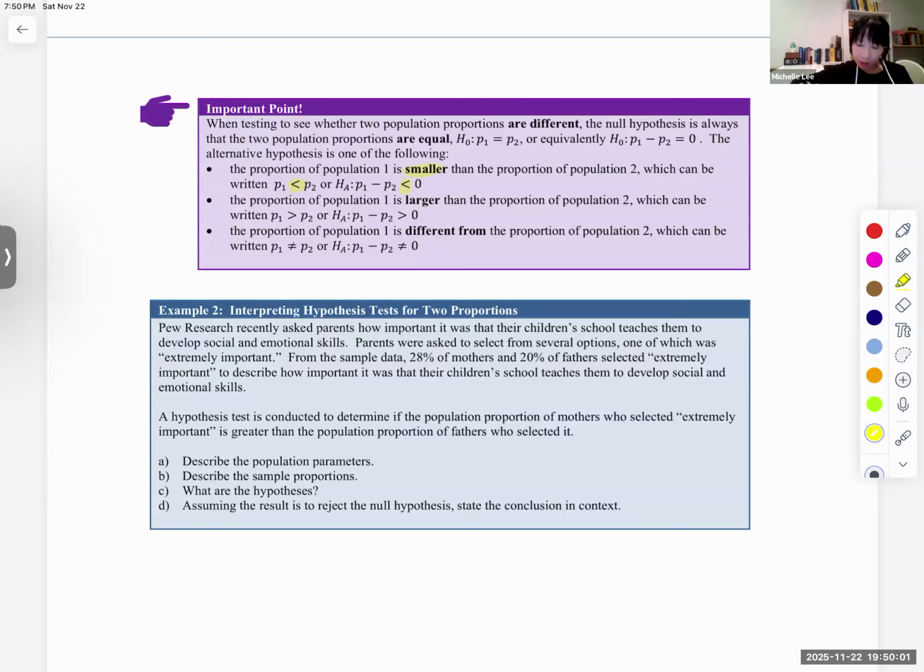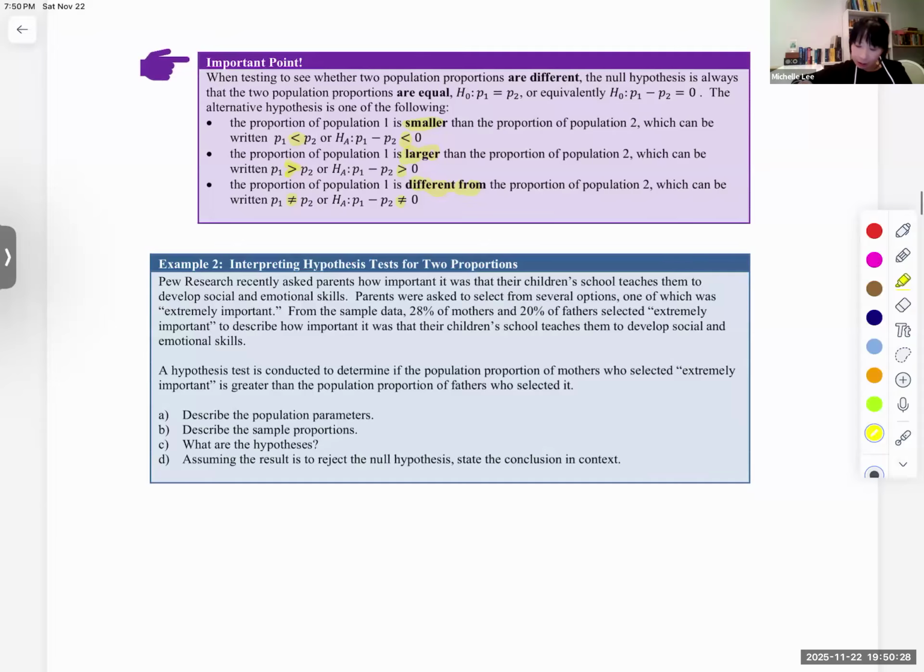Same here too. And then proportion one is greater, which is larger, and then different, not equal to, right? So we are using that here too. Same inequality expressions, or if we are using 0, it's the same, right?